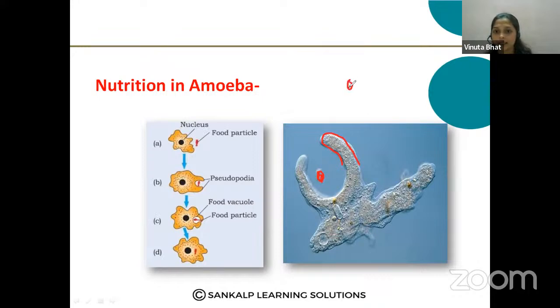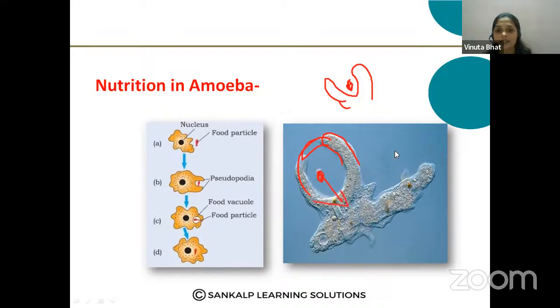The amoeba forms the pseudopodia around the food material like this, and it will grab the food material by forming the pseudopodia, so that the food material gets inside the amoeba's body.